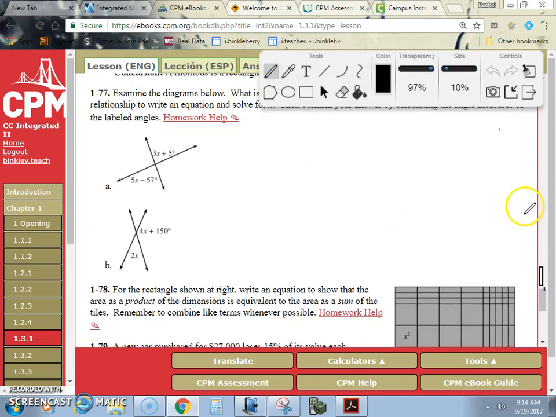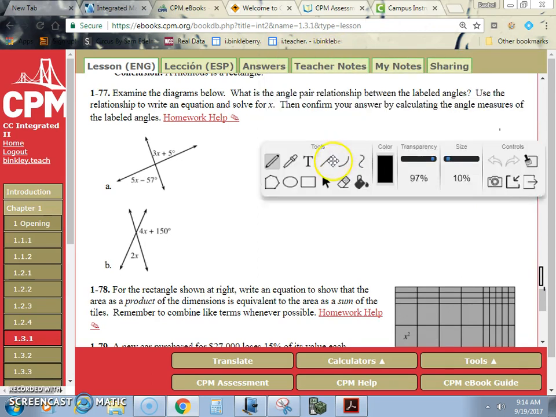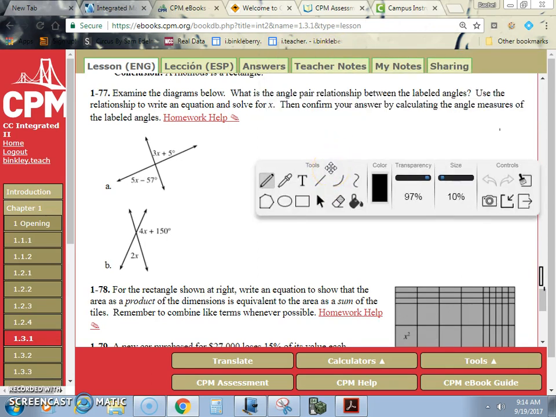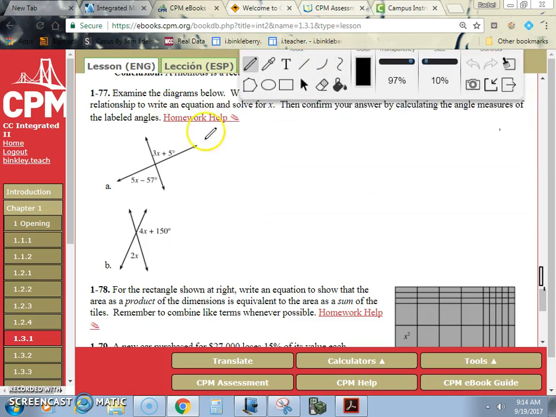Okay, so this question 177 wants us to write an equation and solve for x. So let's go ahead and do that. This first one's going to use the vertical angle theorem because this angle and this angle should be the same. If they're the same, they are equal, and I can write 3x + 5 = 5x - 57.